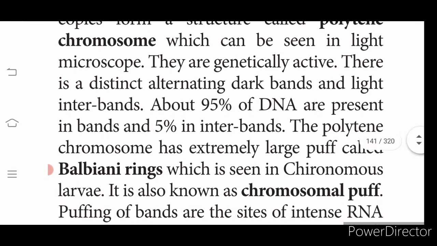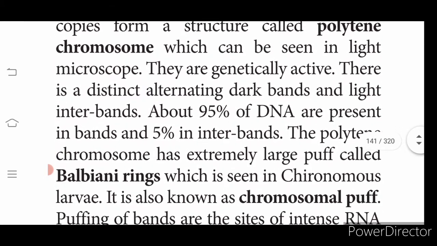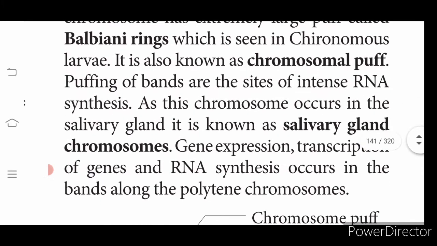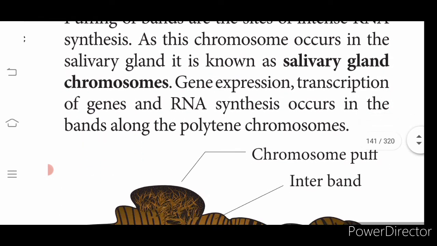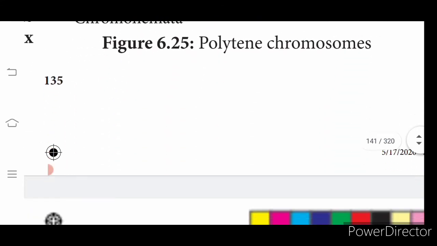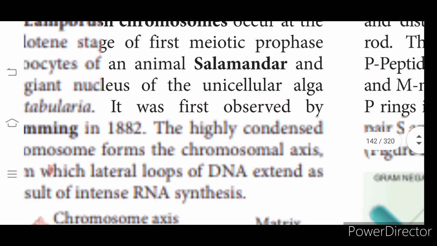It can be seen in the light microscope. They are genetically active, and distinct alternating bands are seen under the microscope. That is why it is called a Balbiani ring. So that is about the Polytene chromosome.